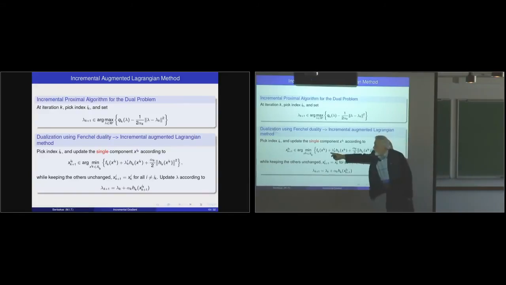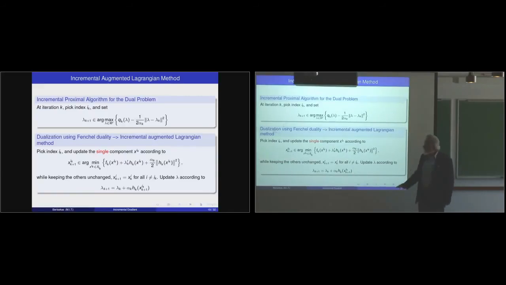You pick a single component, you minimize the Lagrangian corresponding to that component, plus only a part of the constraint function. Of course, this is all separable. You do this little minimization for a single component and keep all the other components constant. And then you update the lambda according to this.